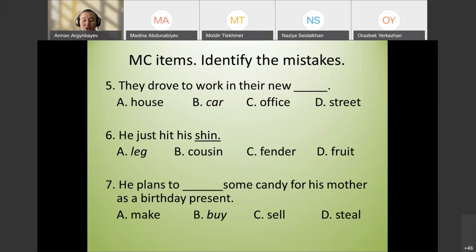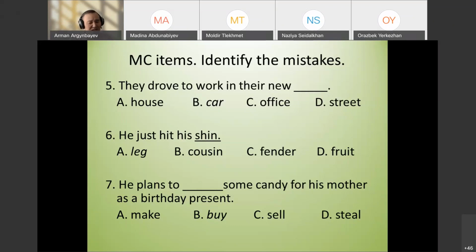And then add context so that it makes clear which body part he hit. For example, he hit his, I don't know, face maybe. And now he has a black eye, for example, or bruise. If it's bruise, it's usually on your body, but if it's eye, it's black eye. All right?